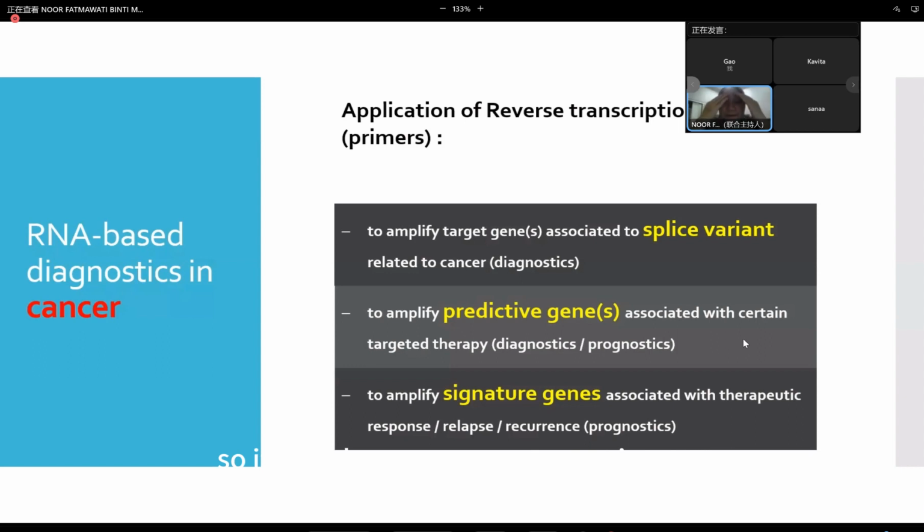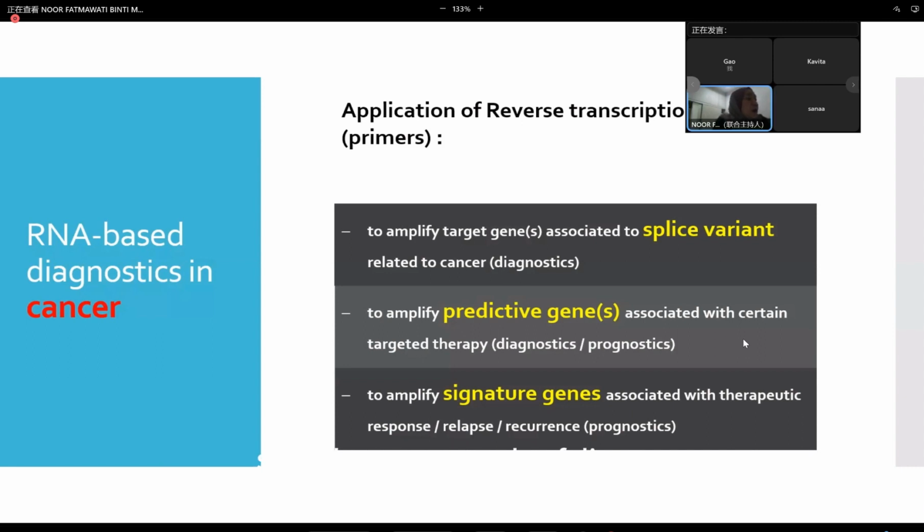So if you choose reverse transcriptase real-time PCR for your RNA-based diagnostics, and now you ask, what are the applications? You need to go back to what disease you are studying, or what disease you are applying this RNA-based diagnostics of reverse transcriptase real-time PCR to.